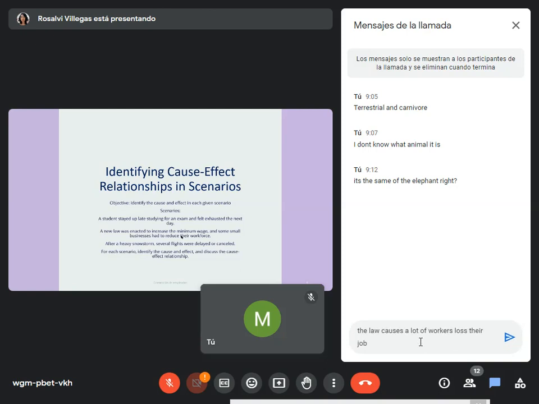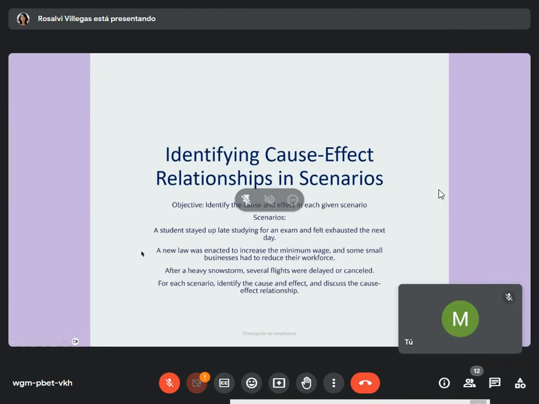So this means that companies have to pay more to their employees, and this caused some small businesses to reduce their workforce, which means they had to fire people. Exactly, Marcel. The law caused a lot of workers to lose their jobs. Right. So the change in the legislation caused people to lose their work.